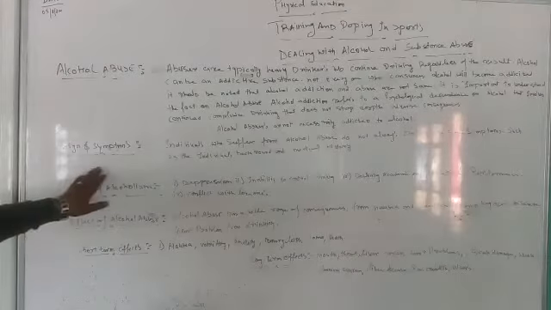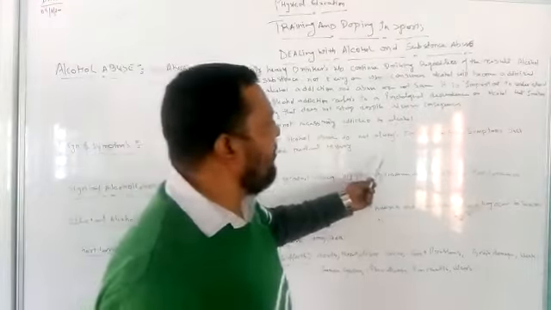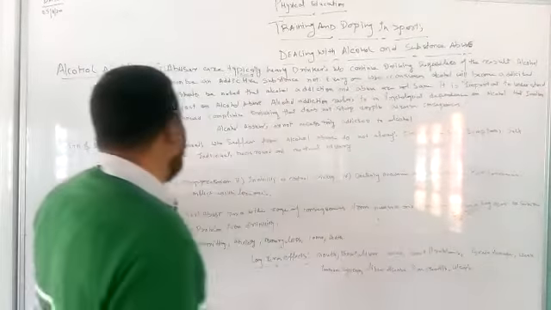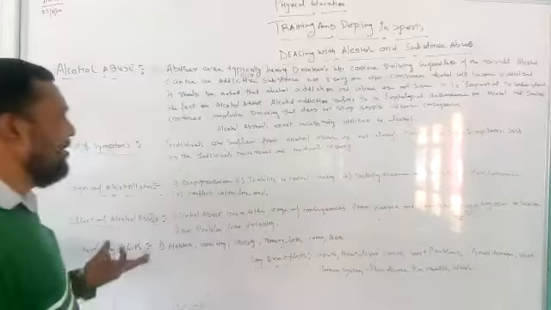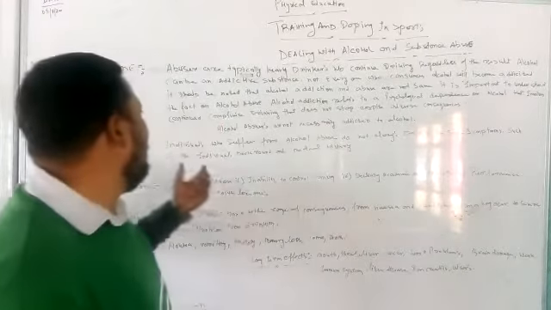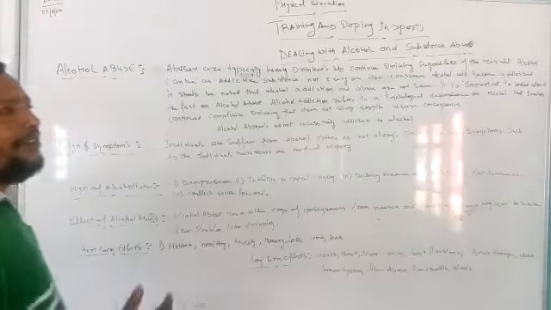Signs and symptoms. Individuals who suffer from alcohol abuse do not always exhibit the same symptoms, because of the individual's background and medical history. Symptoms simple हैं, that is individual का background कैसा है, उसका medical history कैसा है, and individuals who suffer from alcohol abuse do not always exhibit the same symptoms.